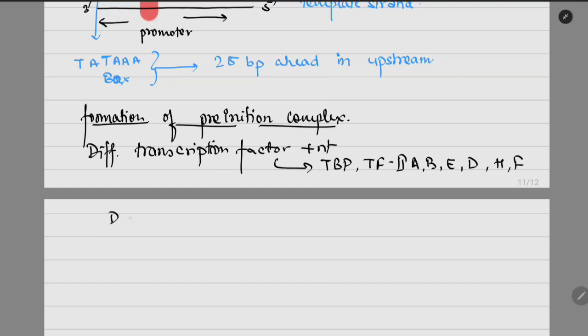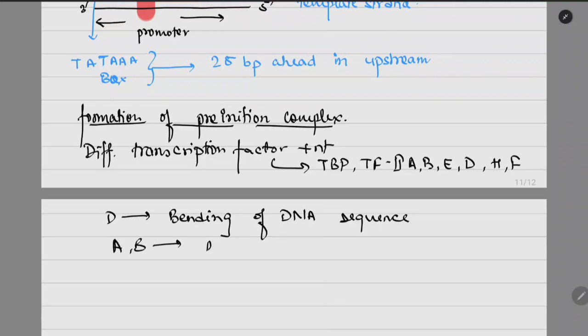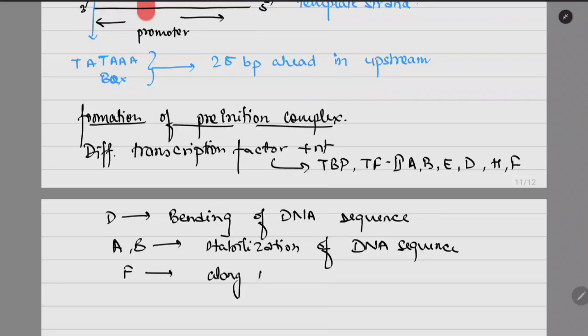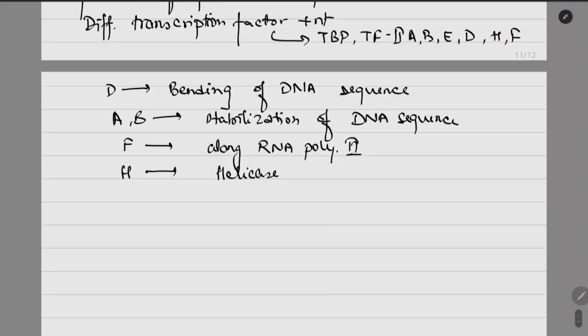So I should write here that D helps in the bending of the DNA sequence, A and B help in the stabilization of the DNA sequence, F helps along with RNA polymerase 2, and H helps in the helicase.